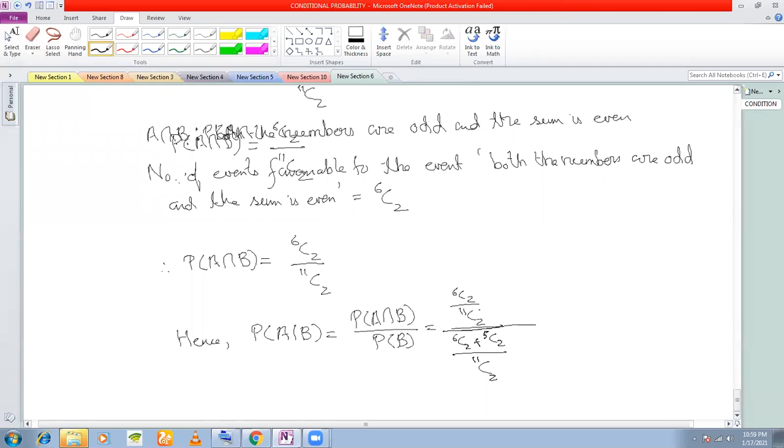So what happens? 11C2, 11C2 cancel. So you simply get 6C2 divided by 6C2 plus 5C2. You calculate and you can get the answer.